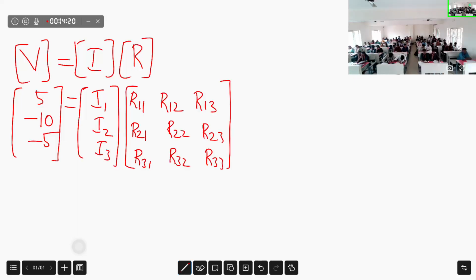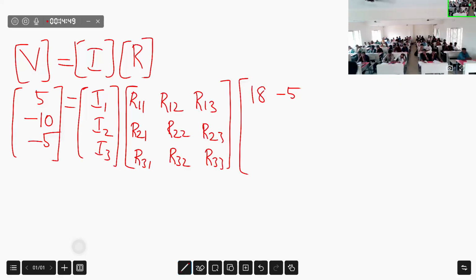So R12 the connected resistance between 1 and 2. So this is my 1, this is 2. என்ன value வரும்? In betweenல 5 ohms இருக்கு. So -5. So 1, 3. So this is 1, this is 3. In betweenல 3 resistance இருக்கு, which means -3. So similarly form the matrix. என்ன வேல்யூ வரும்னு பாருங்க. இங்க என்ன வரும்?